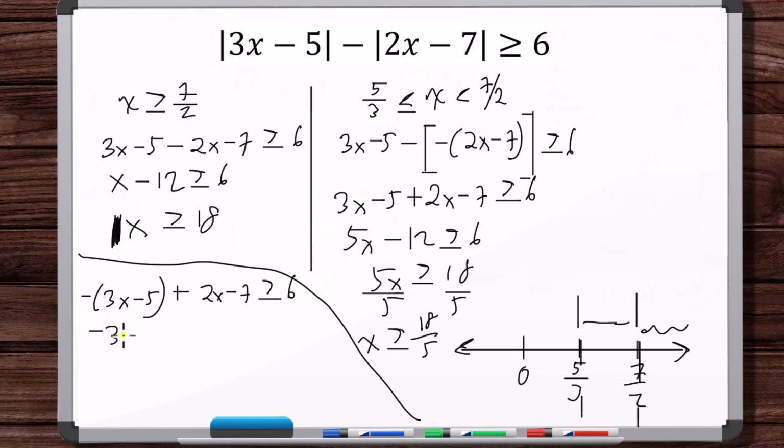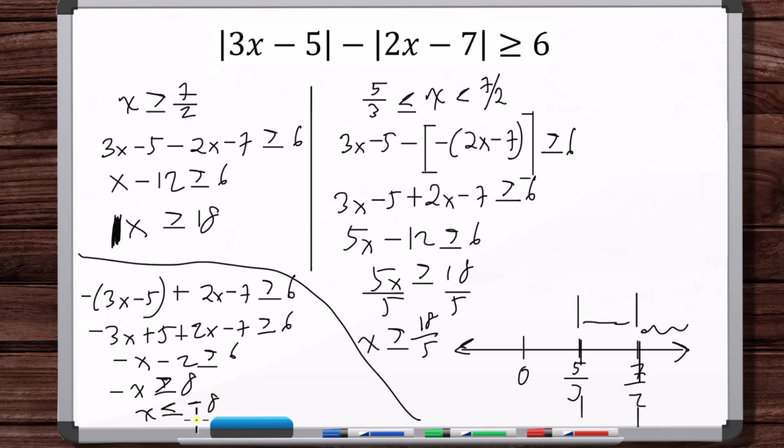So minus 3x plus 5 plus 2x minus 7. Minus 3x plus 2x is minus x. 5 minus 7 is minus 2. Adding 2 to both sides, multiply both sides by negative 1 and flip the inequality. X is less than or equal to negative 8.